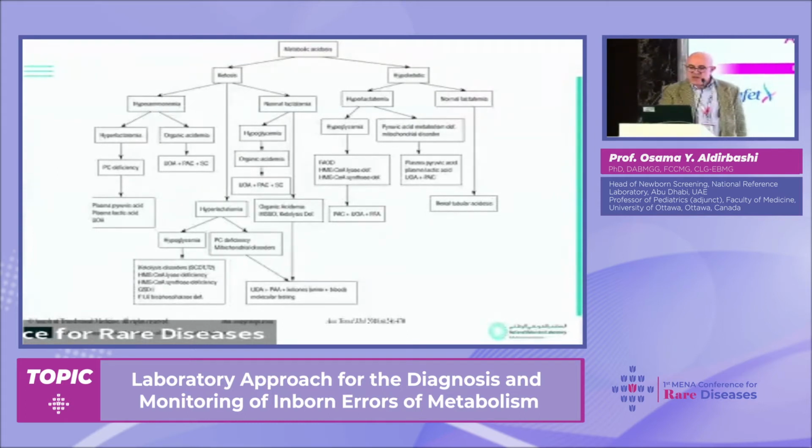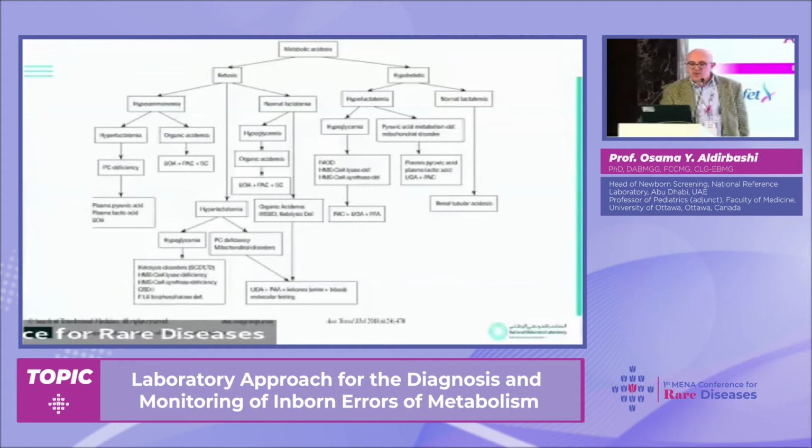In this diagram, the most important thing that I want you to remember is that when we do plasma amino acids, urine organic acids, and plasma acylcarnitine, it can narrow down our search to an individual condition.